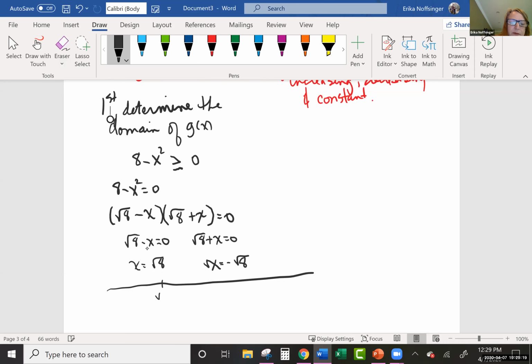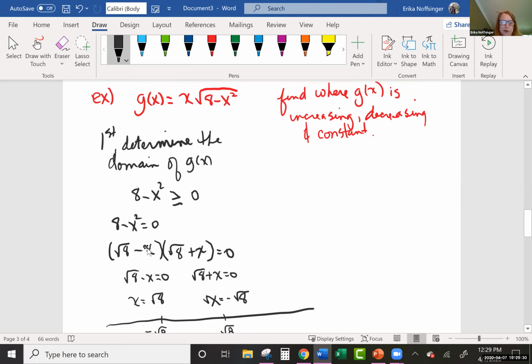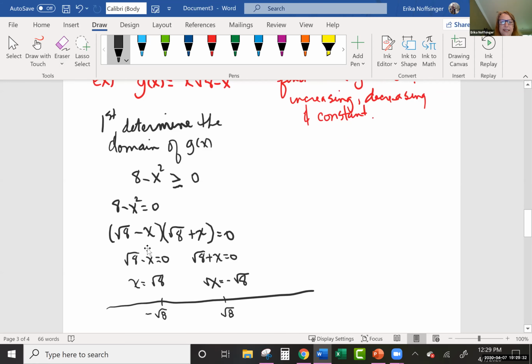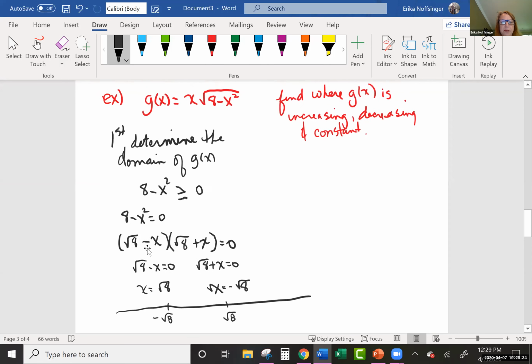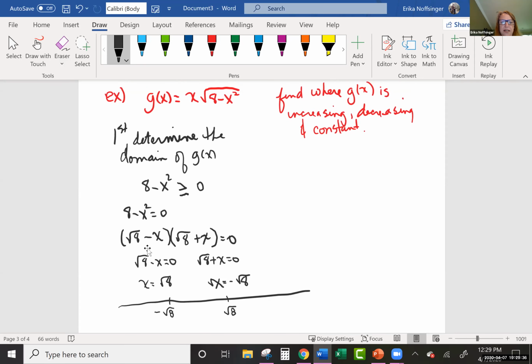So if I looked on my number line, so negative square root of 8 and positive square root of 8, I'm not even doing any calculus right now. I'm just going back to algebra. I want to see what values would give me positive numbers and which values would give me negative numbers.